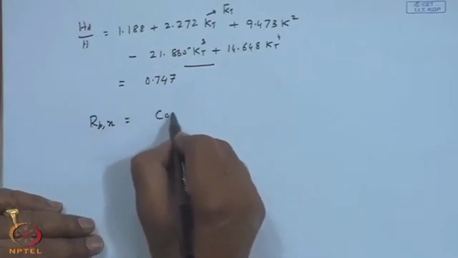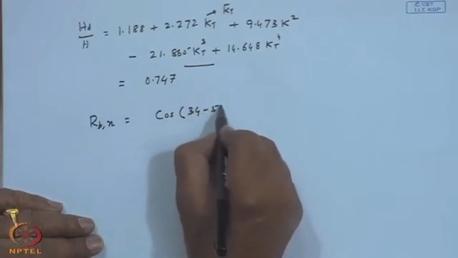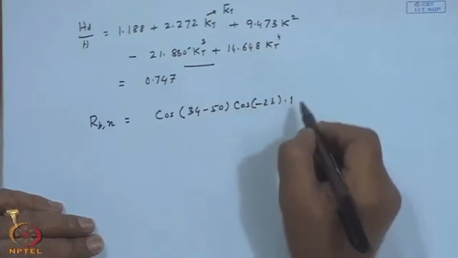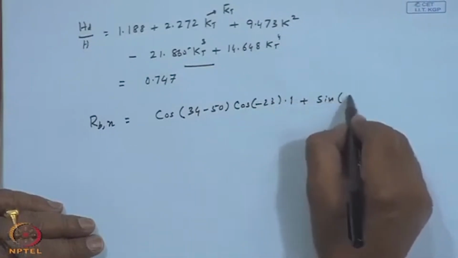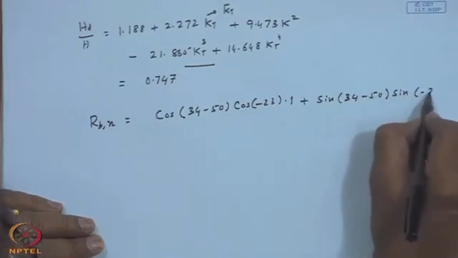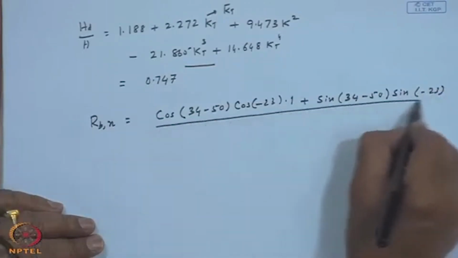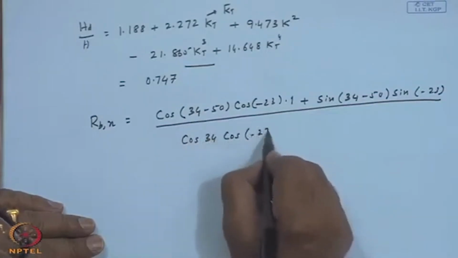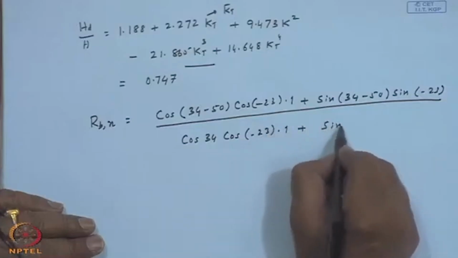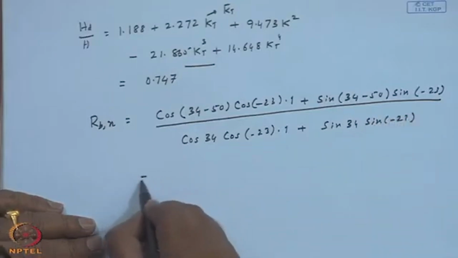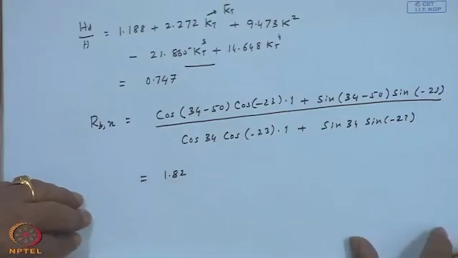This will be equal to cos phi minus beta, this we have done enough times, times cos delta into cos omega, which is 1, plus sin 34 minus 50 times sin minus 23 by cos phi, cos delta, cos omega plus sin phi, sin delta. So, this comes out to be 1.82. Okay.